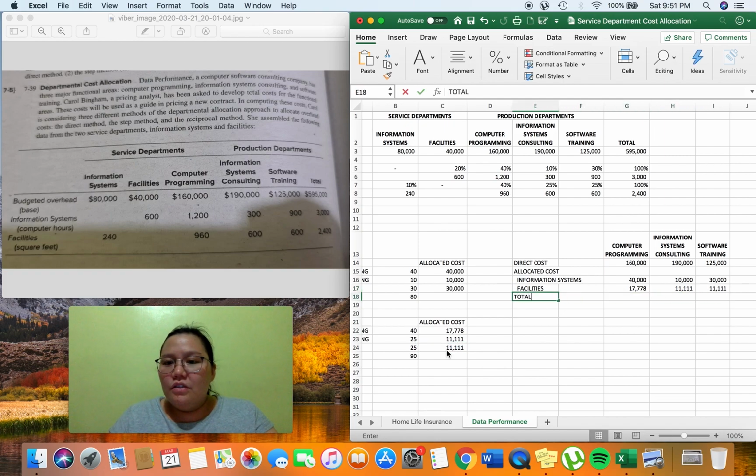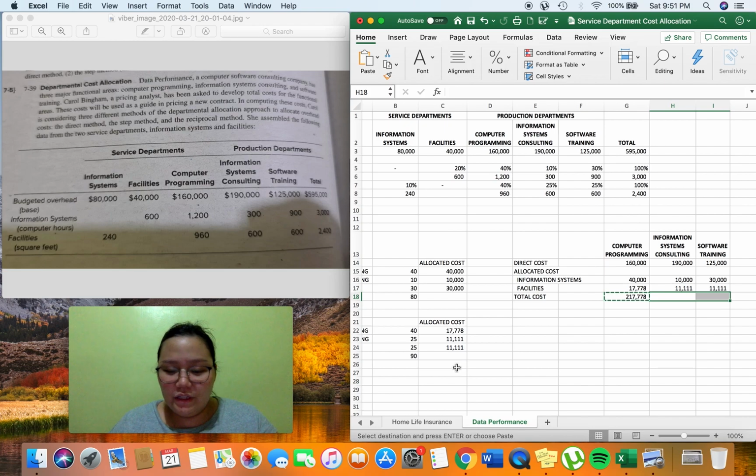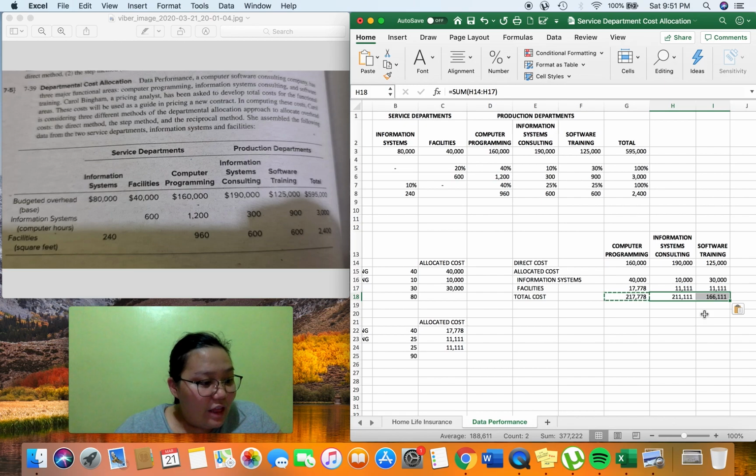So after this, the total cost of each department is equal to 217,778 for computer programming, 211,111 for information systems consulting, and 166,111 for the software training.